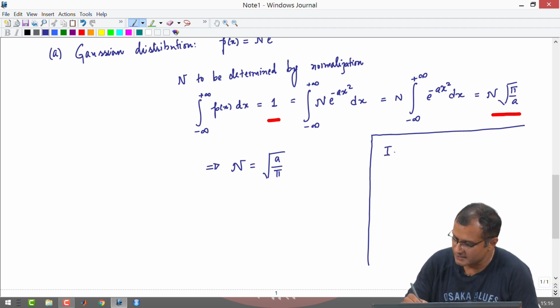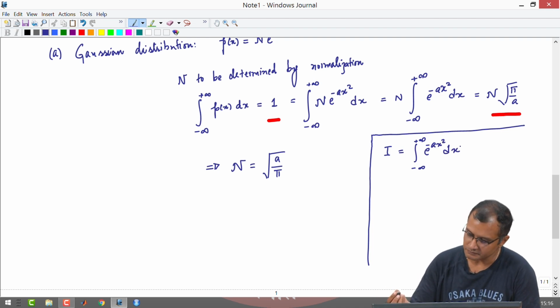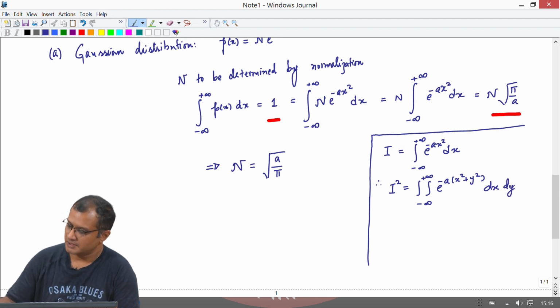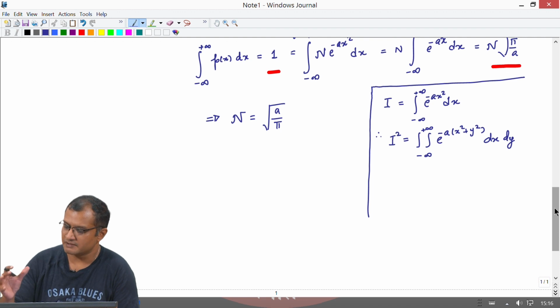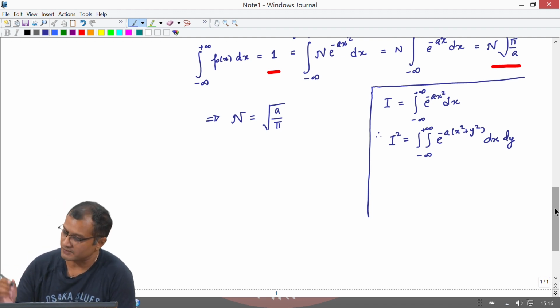So, if I write down this Gaussian integral I as minus infinity to plus infinity e raised to minus a x square dx, this means my I square has to be the double integral of e raised to minus a into x square plus y square dx dy, okay. Now, because I can change the integration variable from x to y, that amounts to squaring the integral.